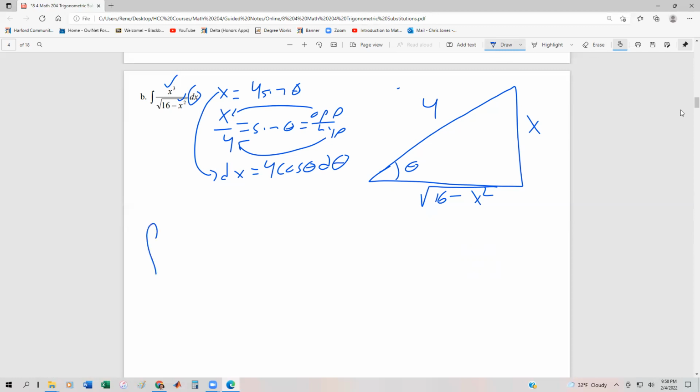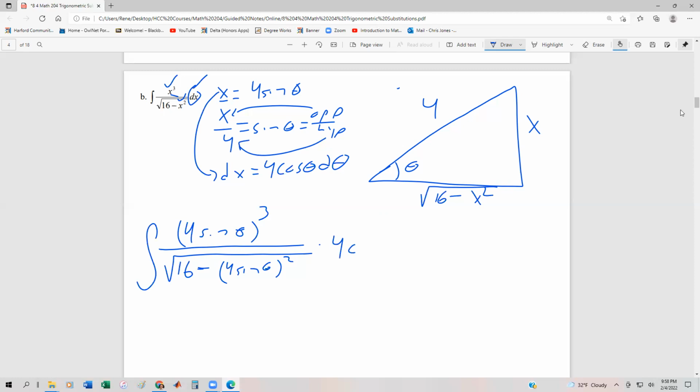So we are going to have the integral of x cubed, so that's going to be 4 sine theta cubed divided by the square root of 16 minus 4 sine theta squared. And then we have to substitute for dx, which is going to be 4 cos theta d theta.